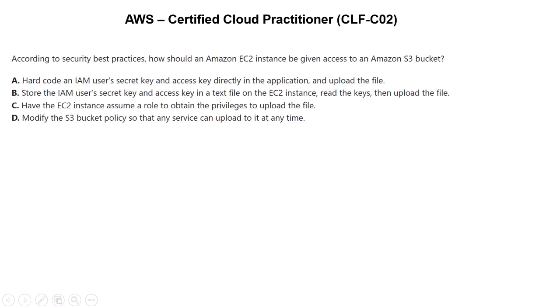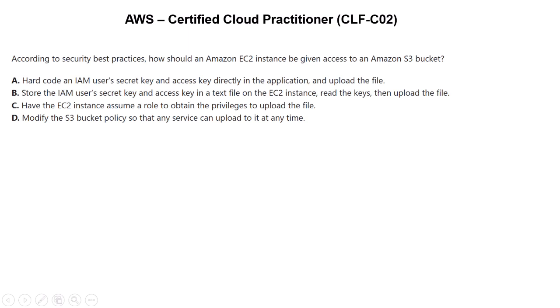Option B. Store the IAM user's secret key and access key in a text file on the EC2 instance, read the keys, then upload the file. Option C. Have the EC2 instance assume a role to obtain the privileges to upload the file. Option D. Modify the S3 bucket policy so that any service can upload to it anytime.